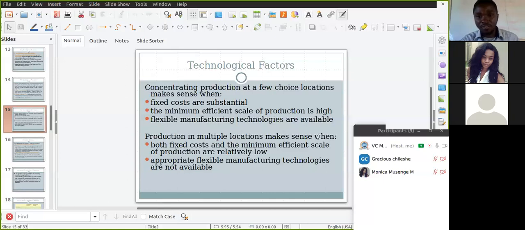Flexible manufacturing technologies are available. So you decide to set up yourself in fewer locations if your technology is flexible. People do not have to go elsewhere to source a product that they may need. Your technology is flexible and it is ready to change to a desired product that people need.